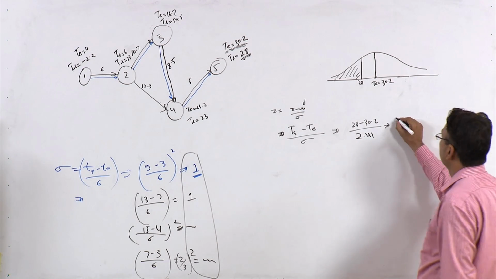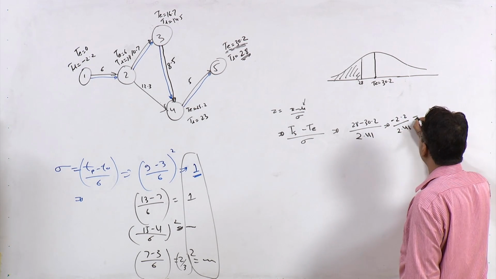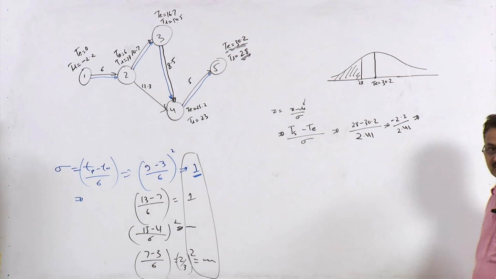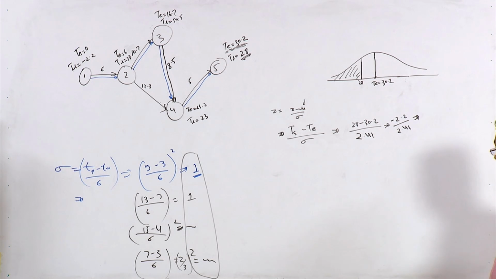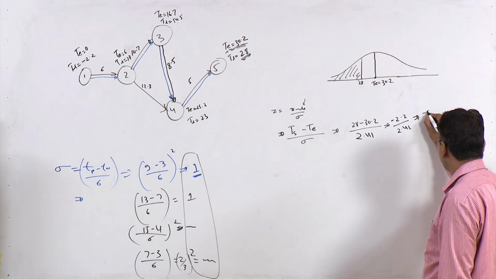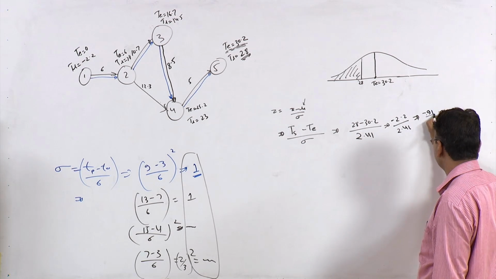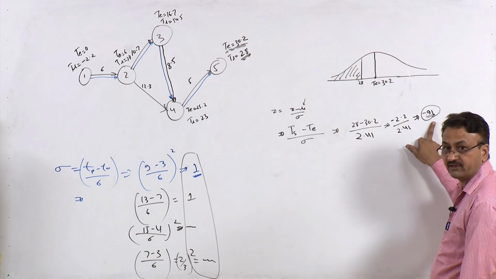So this is 28 minus 30.2, that is minus 2.2, divided by 2.41. Now look at this value. It is less than 1, so I think this is minus 0.91. Now this is your Z value.